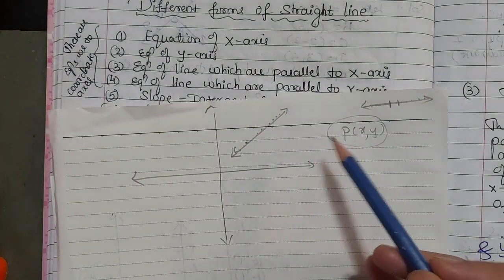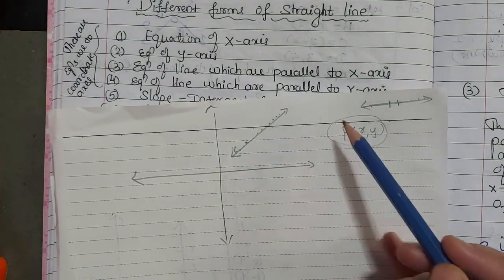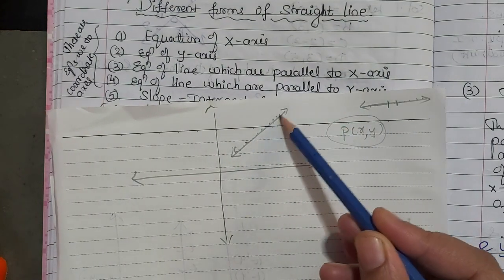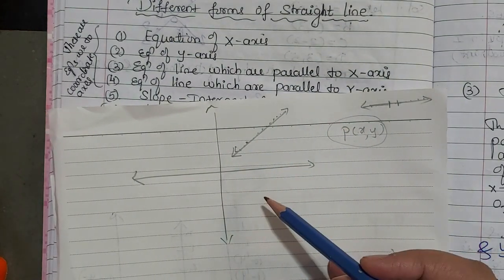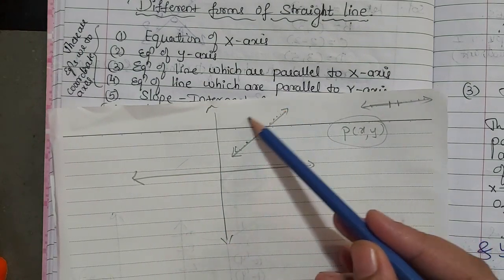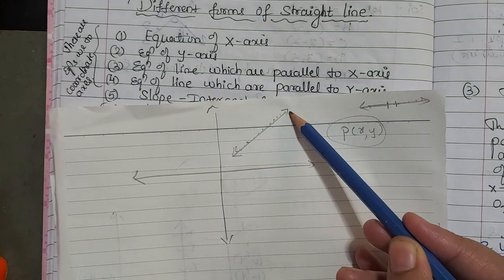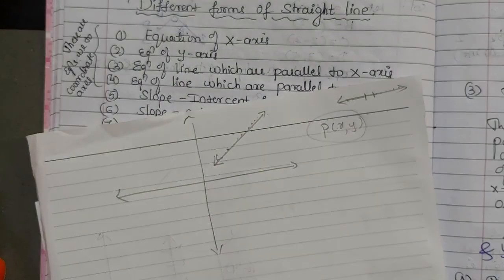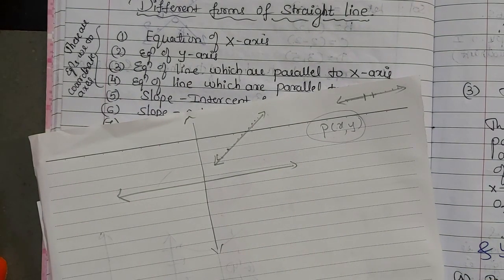If that condition satisfies the given line, then that point lies on the given line. Otherwise, it lies on the plane other than this line. Okay, so that statement is nothing but it is an algebraic expression involving the variables x and y.